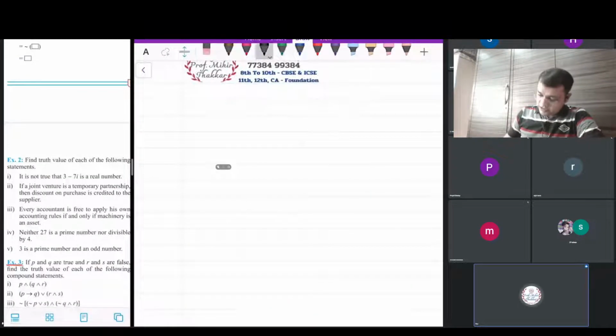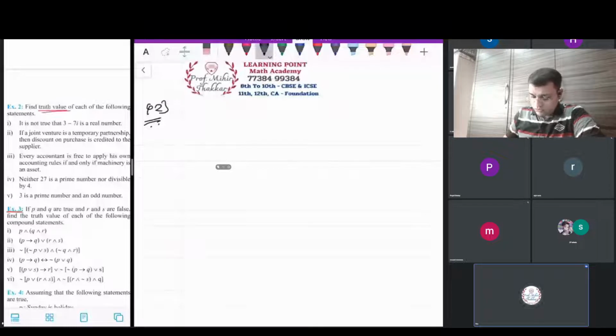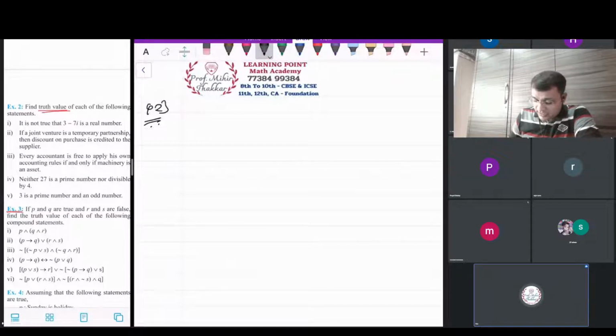Okay, so in question number 2, it's asking us to literally find the truth value. So here we will once again apply the truth tables that we have studied before. It's asking us, it is not true that 3 minus 7i is a real number. So guys, this "not true" is going to be managed with the help of a symbol. But when I want to write down P and Q, what should that be?